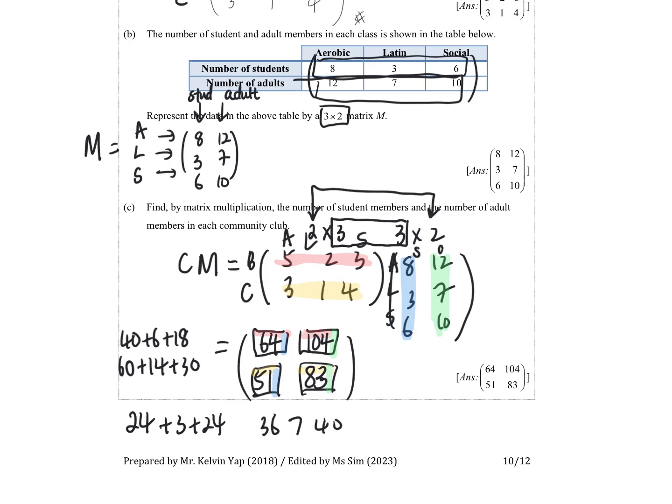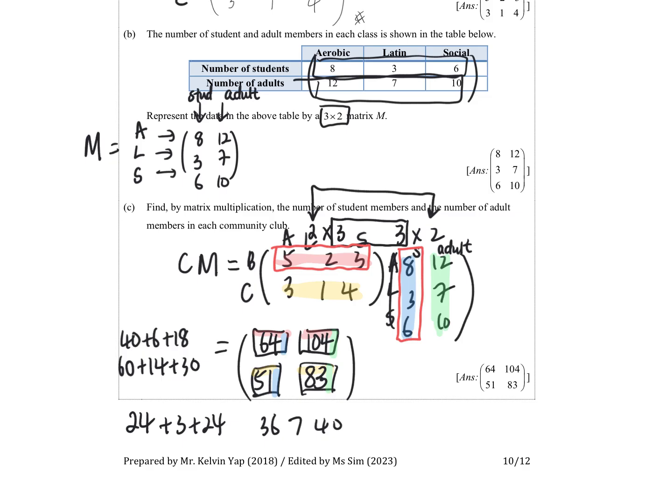Okay, this is for students, this is for adults. So just imagine when you are multiplying this row by this column, you are getting the total number of students taking part in all the types of dances in Bedok. This one is Bedok Community Club.